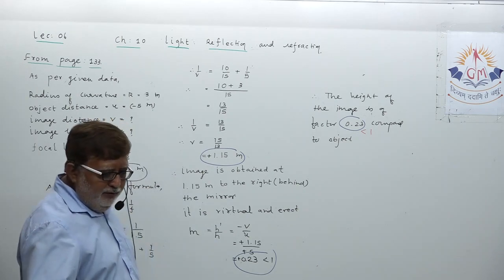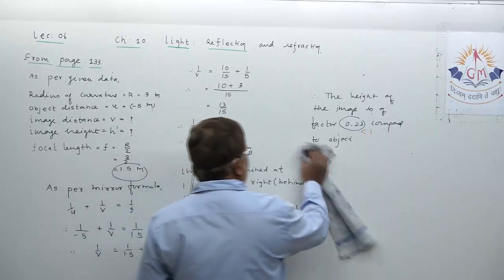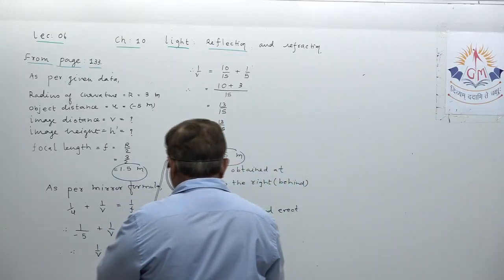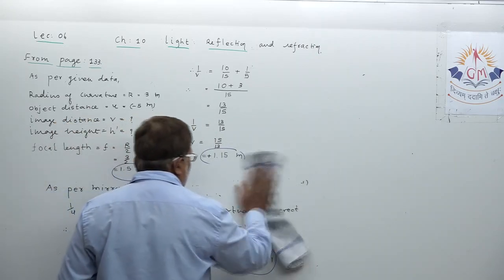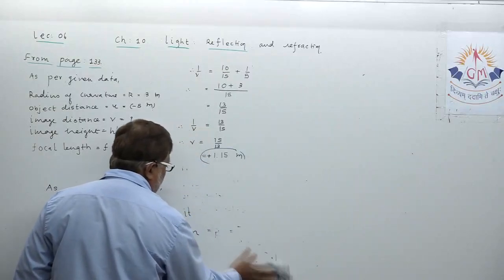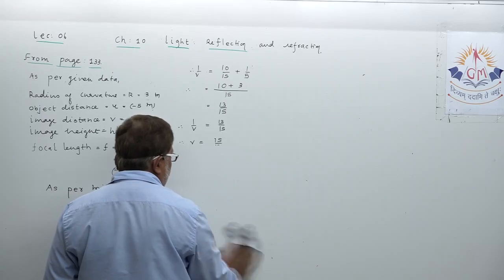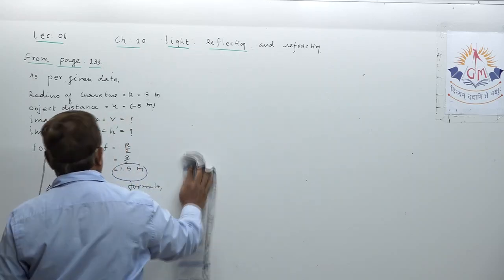We are assessing this fact very clearly after this numerical, dear student. But for convex mirror, this has to be very clear in your mind. F positive, V positive, M positive, H dash positive.